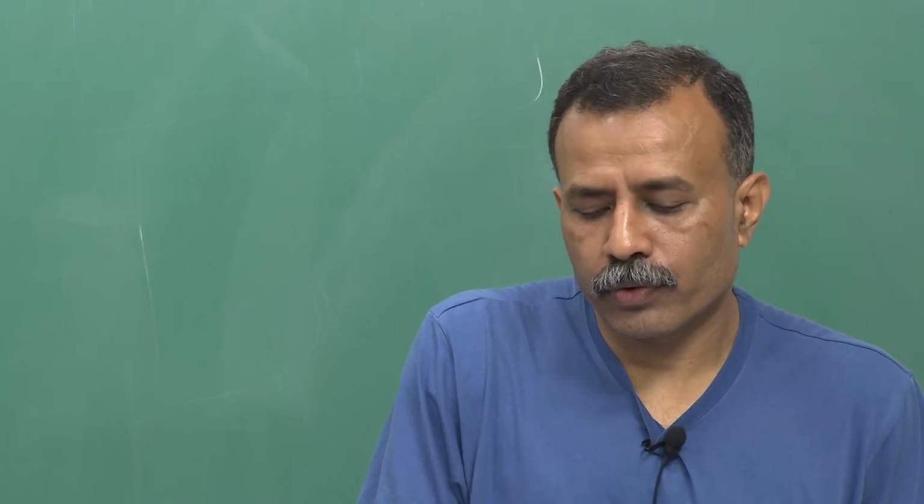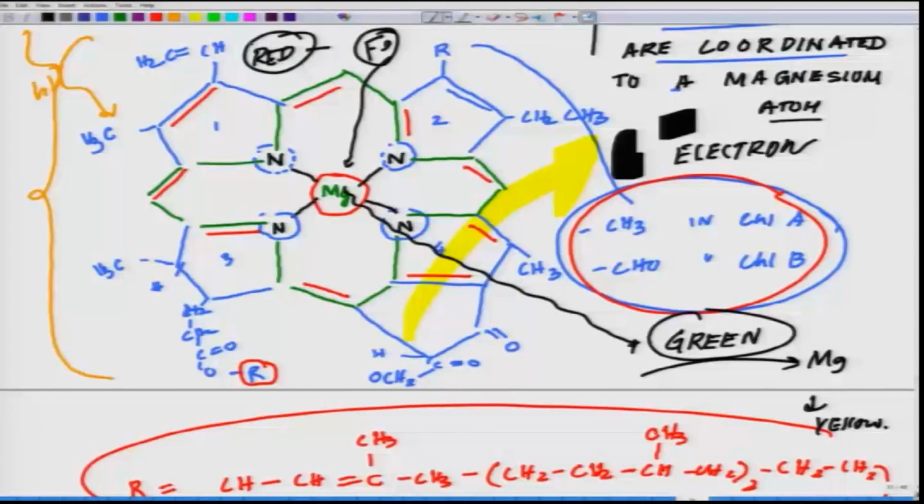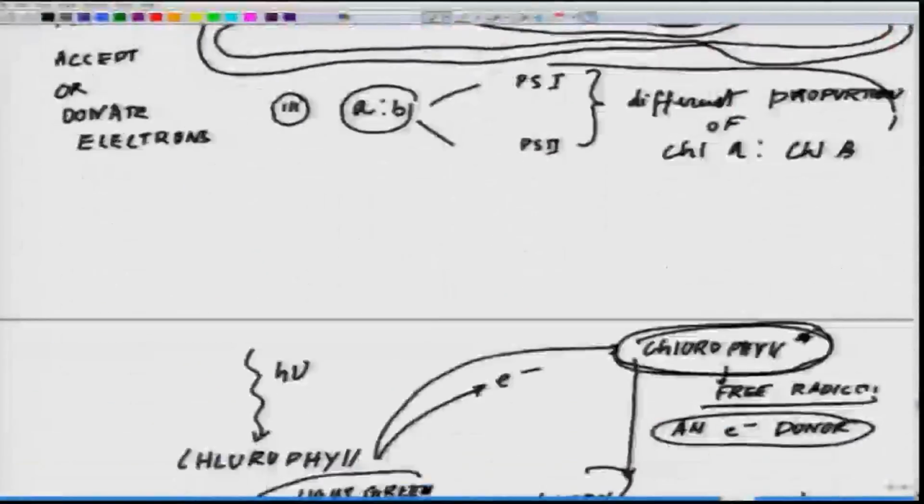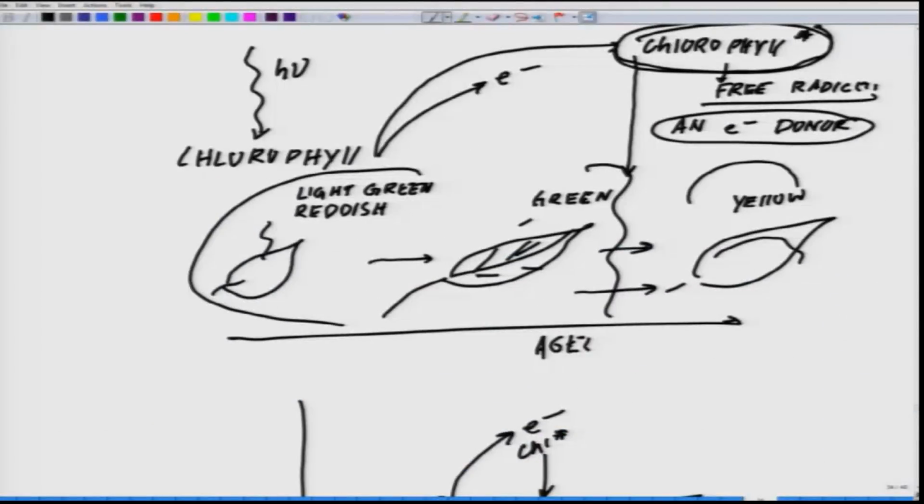So you are observing in the coordination complex how the color completely changes, and you remove that magnesium, and in the spectrum what you observe is out here, the yellowing, and this is where the aging of the leaves takes place.